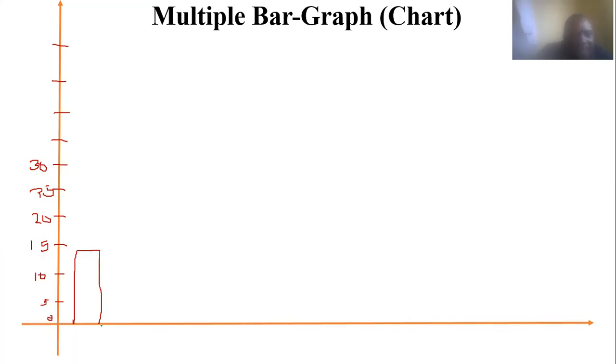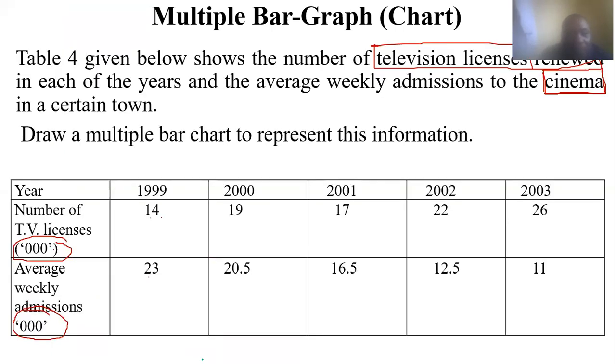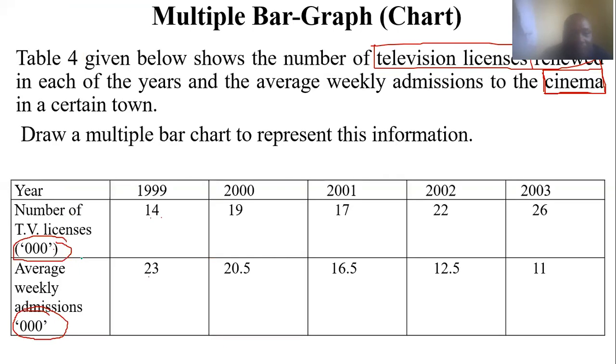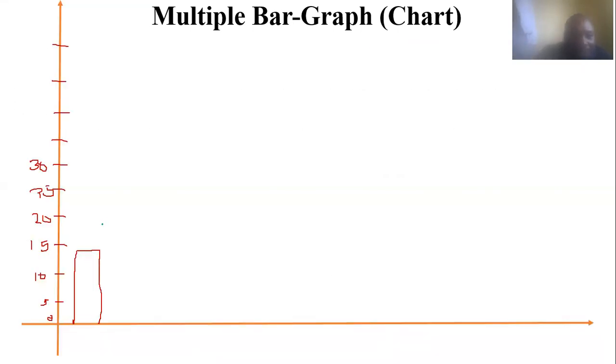We take another color to represent 23 as weekly admissions in cinemas. So 23 is somewhere there.